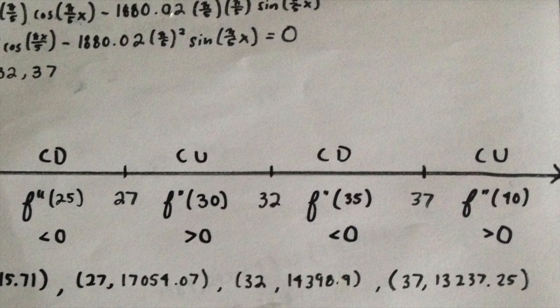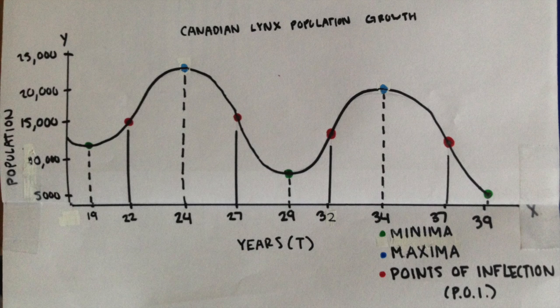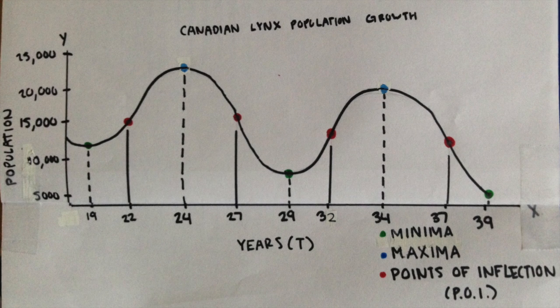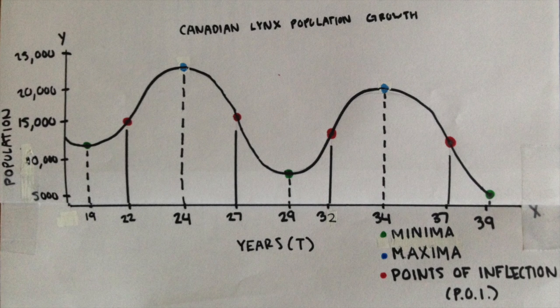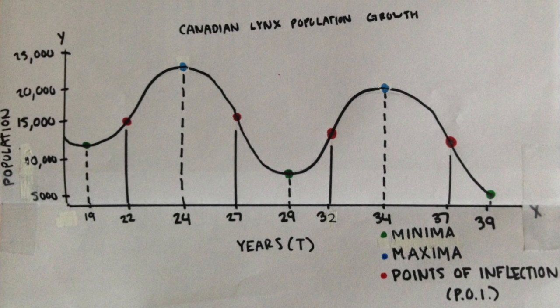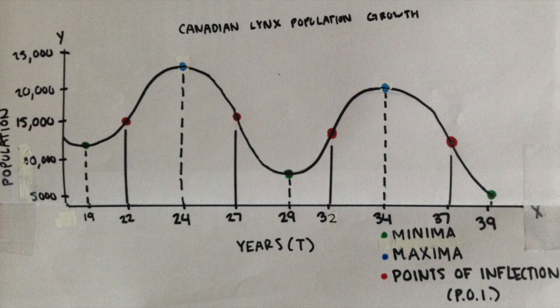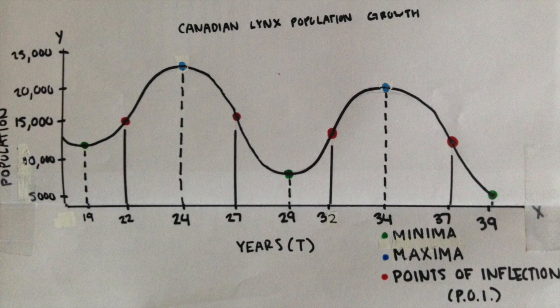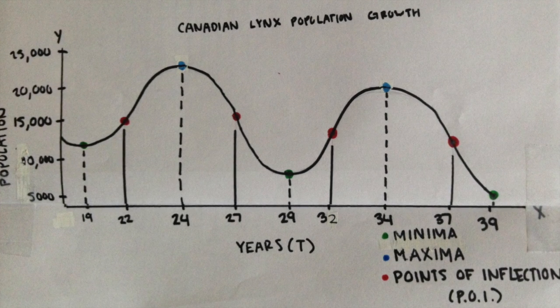The population shown in this graph indicates how the population may increase and decrease over an amount of time. The reason why the lynx population is increasing is because as the snowshoe hare, or the prey population, increases, the Canadian lynx, or the predator population, increases as well.